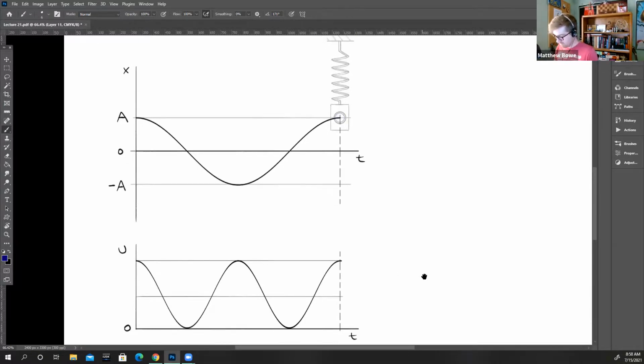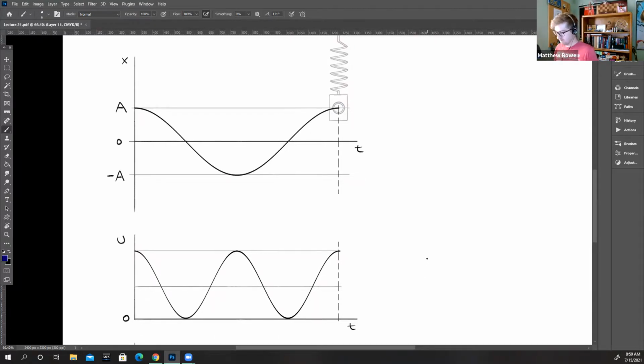From the same logic, when it's at these end points, it's changing direction and it's not moving. When it's directly in the middle, it is moving its fastest. And it is at the equilibrium position right here and right here.